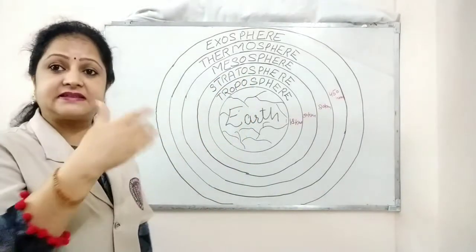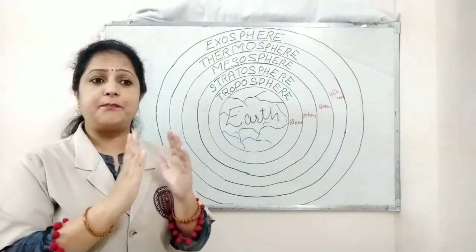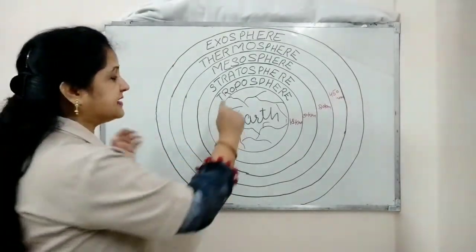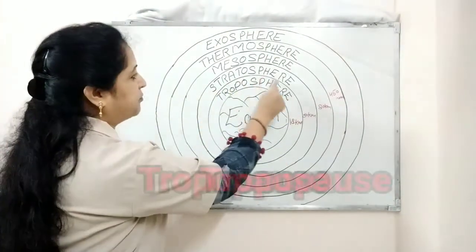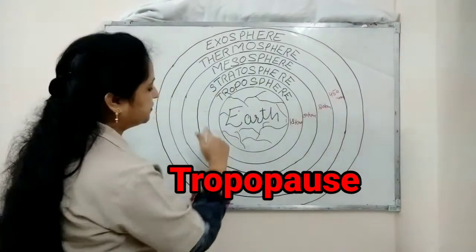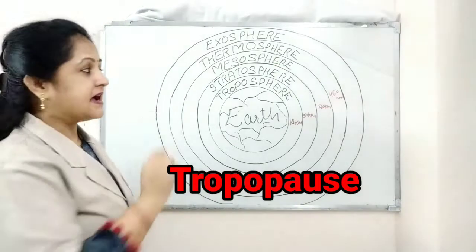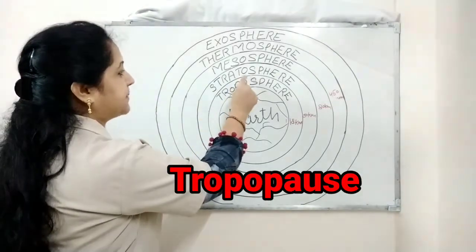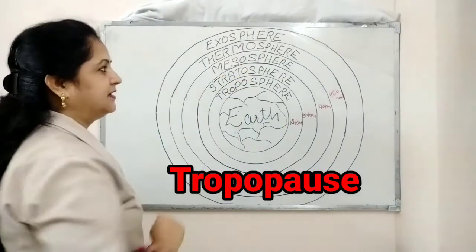The temperature starts decreasing here, and the uppermost layer of this troposphere is called tropopause. So this line, this uppermost layer of the troposphere, is called tropopause, and this tropopause separates troposphere from the stratosphere.